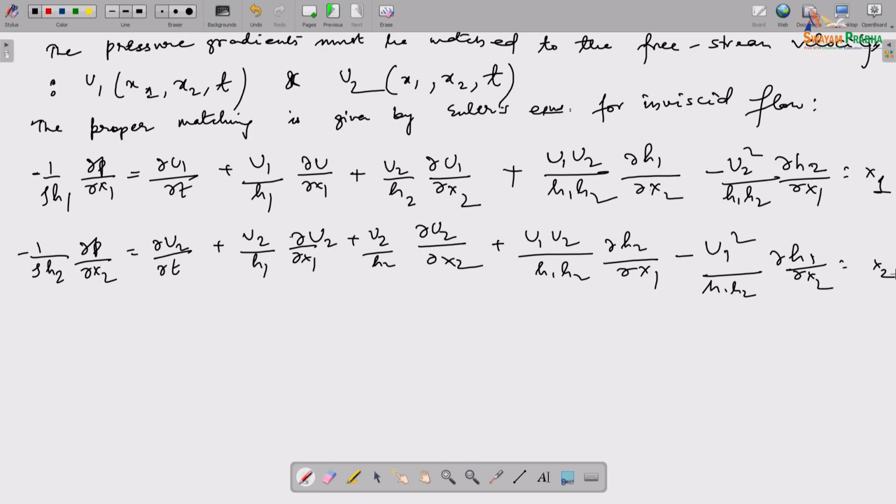So this is the correlation between the pressure gradients and the velocity components in the two coordinate directions. So, we did all that.